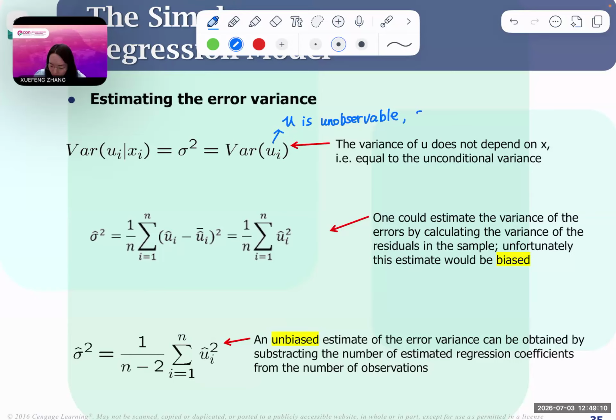The question is, how do we estimate sigma square? Because mu is the error term. I mentioned before, mu is unobservable. It's the error term that we couldn't catch. So how do we estimate sigma square?